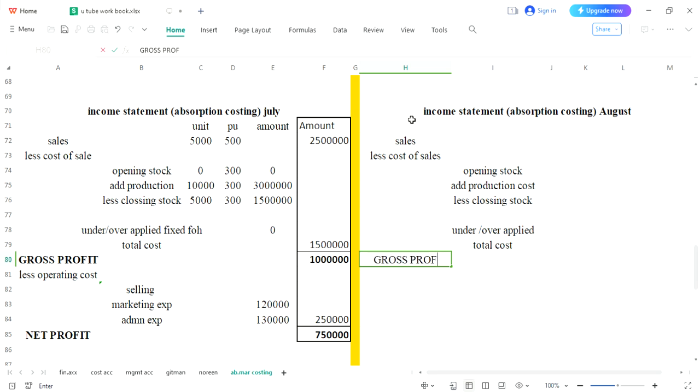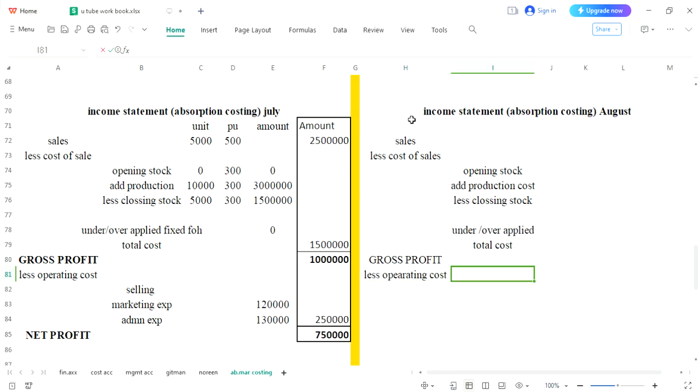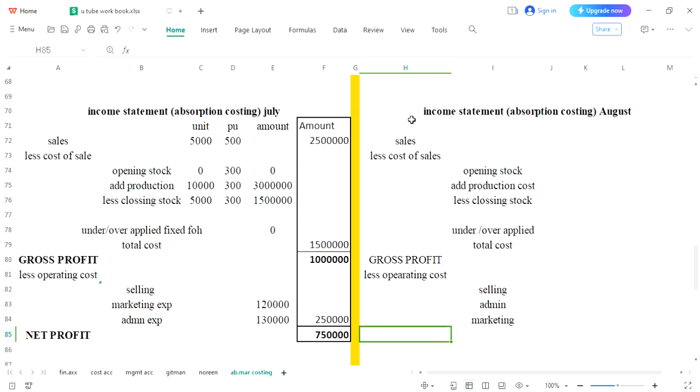After which you will subtract your operating cost, which includes selling, admin, and marketing expenses. By subtracting operating cost, finally we will be able to get our net profit.